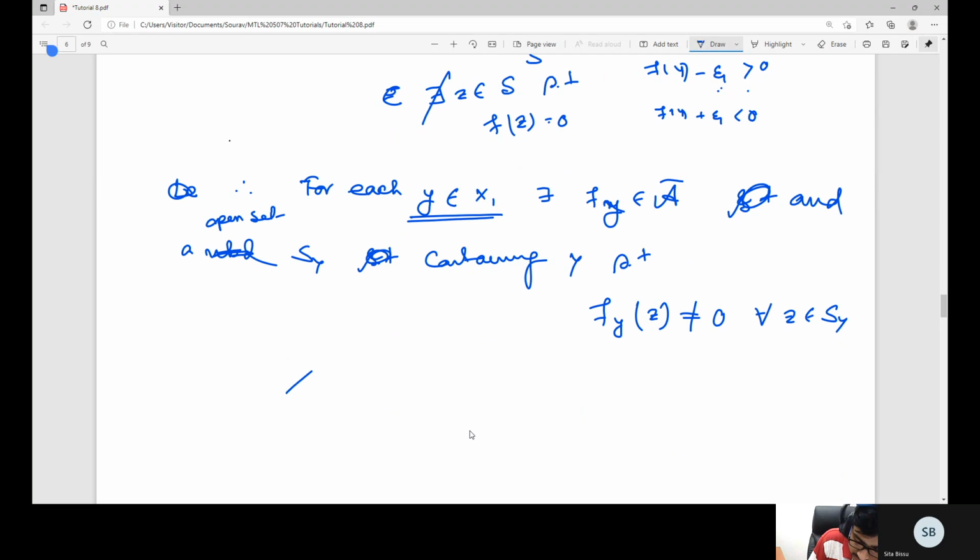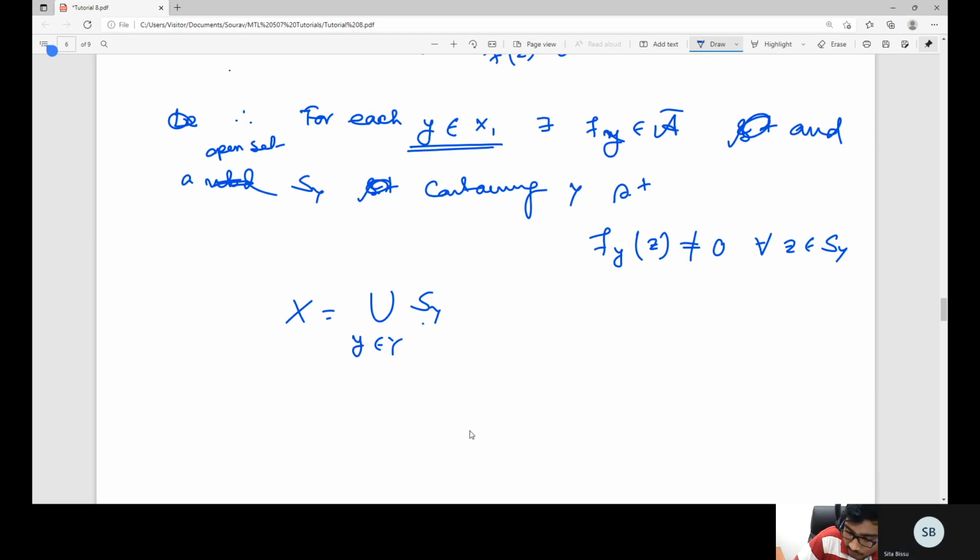Now you see, can we write X as the union of S_y over y belonging to X? Because each S_y contains y. Yes, sir. Now X is a compact set. What can we say then?